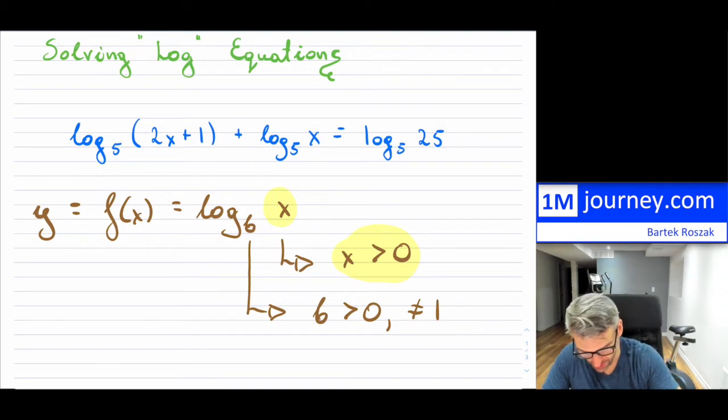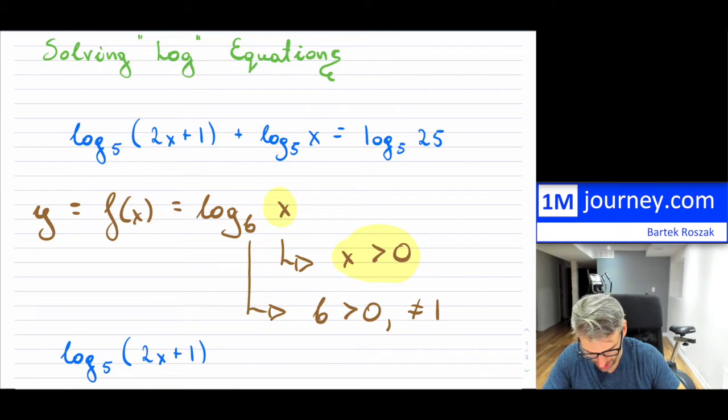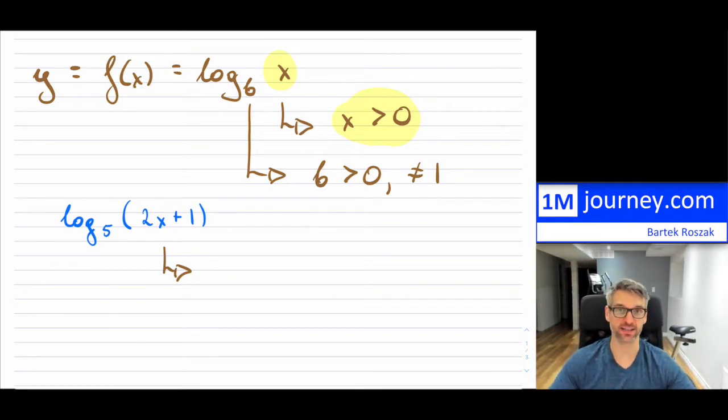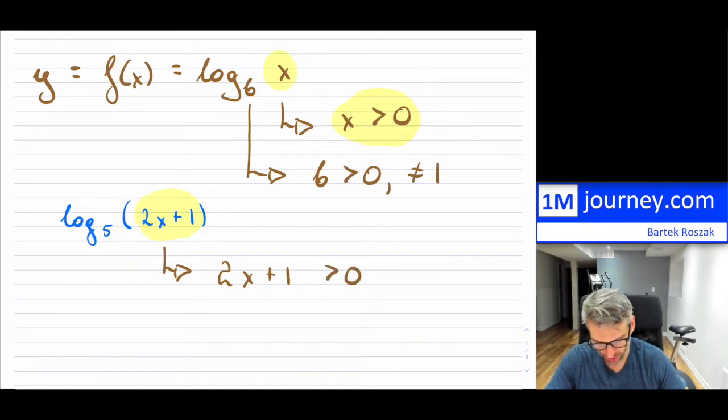So for instance, what I mean is if I take this first one right here, before I start solving, I'm going to duplicate this and bring it here to the bottom. I will try to ensure that I know what I cannot have x equal to, because if I get that answer, then it's just not an admissible solution to my equation. So for instance, here I will know that 2x plus 1, because it is taking the log of that, has to be greater than 0.